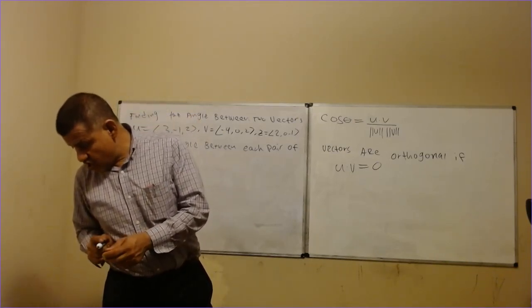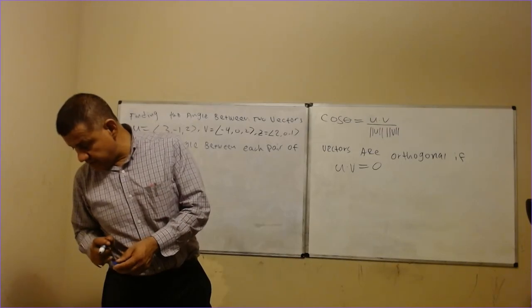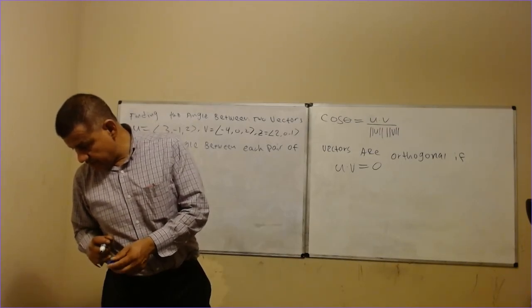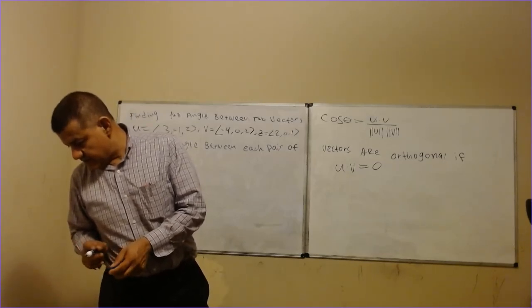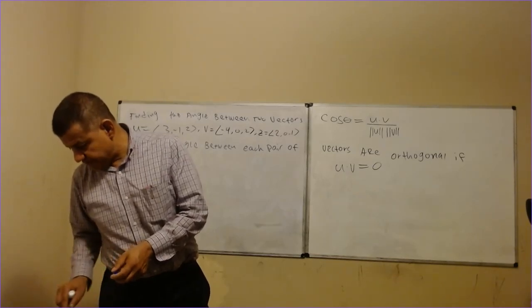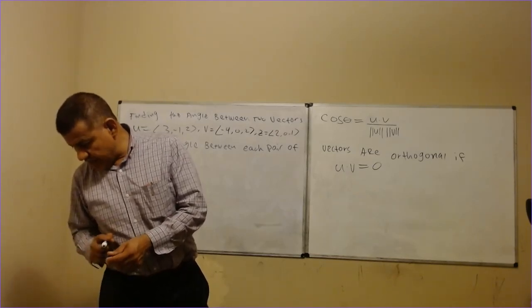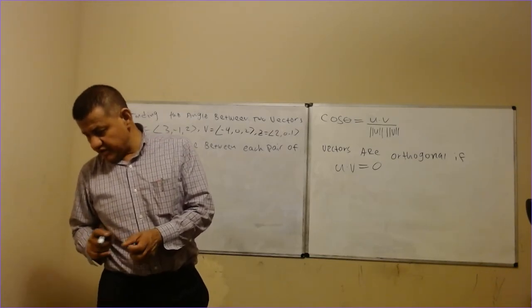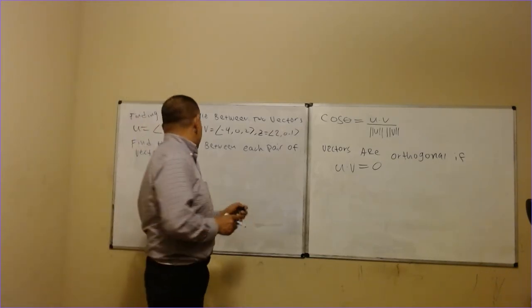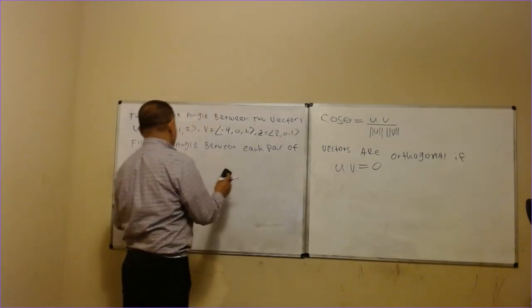Let's start with u and v first. Okay? U and v, and then we'll go from there. First of all, we need to do the dot product, right? So we need to do the dot product first.